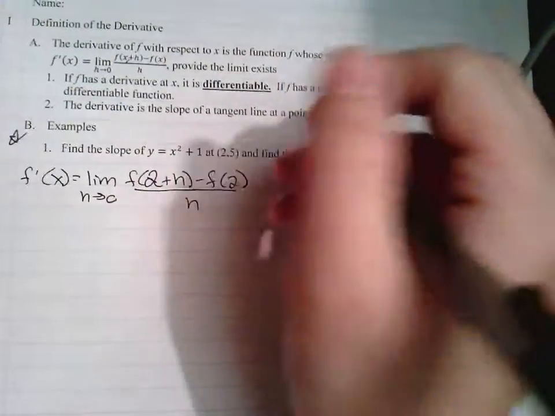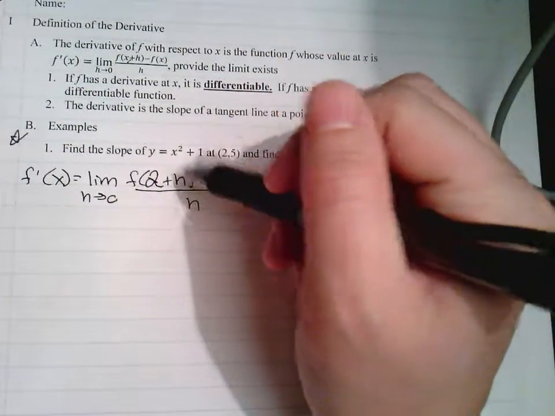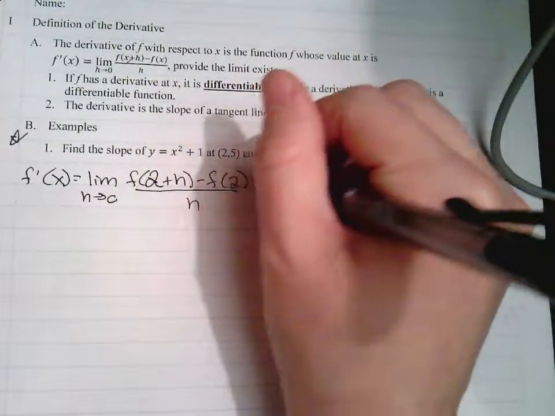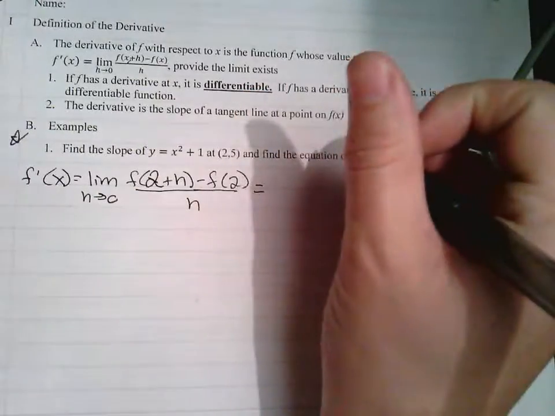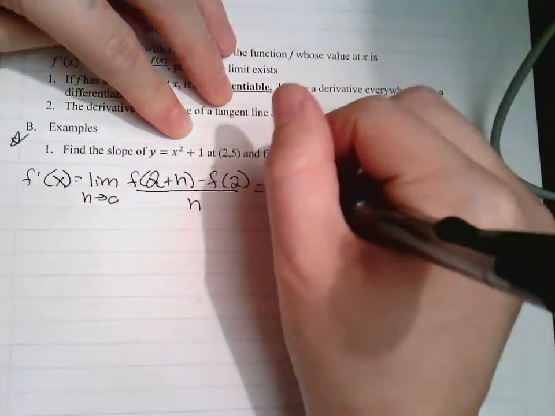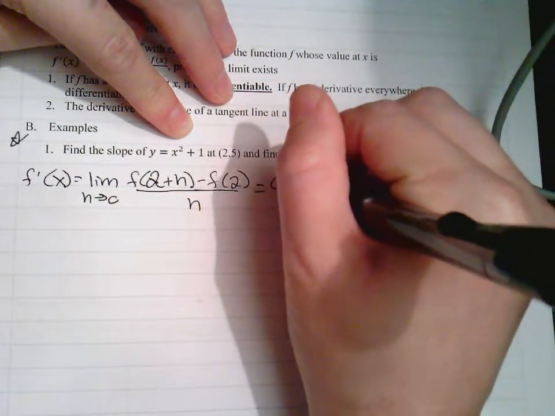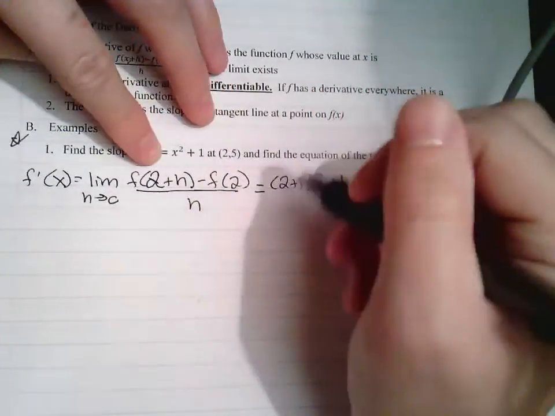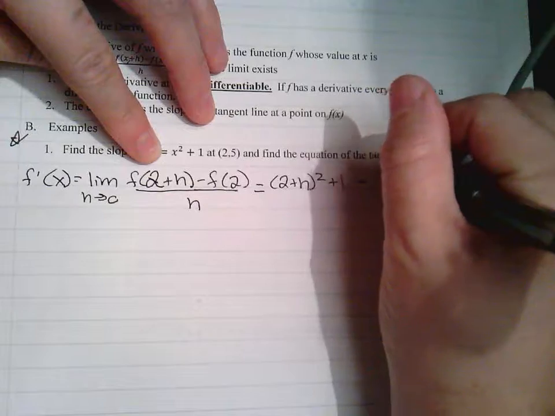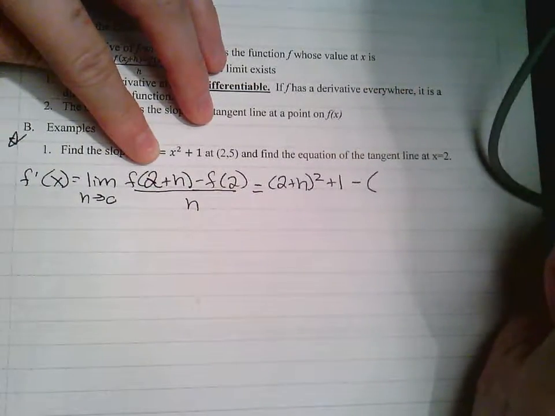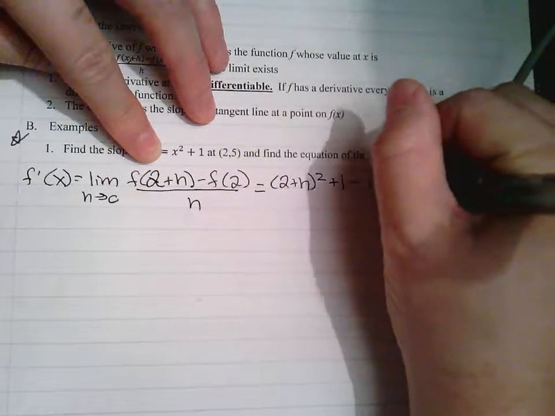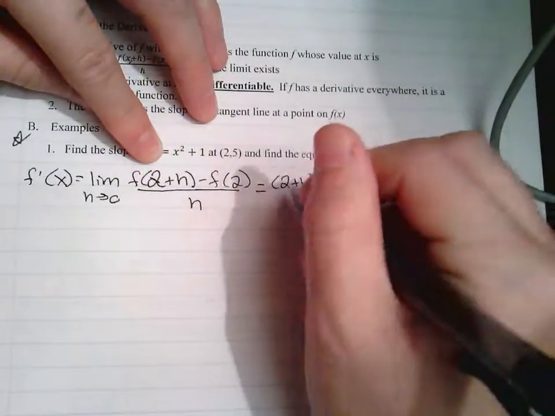If you did it that way, you would end up with 2x. Okay, so let's get started. f of 2 plus h is going to be 2 plus h squared plus 1, minus f of 2, which is 5 because that's our y value: 2 squared plus 1, over h.